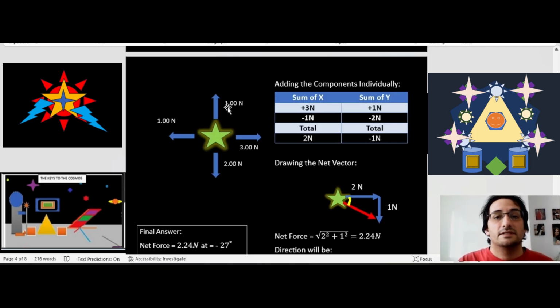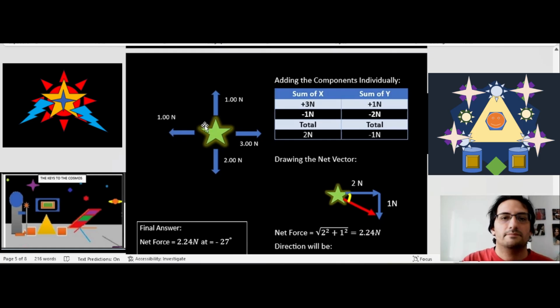The 1 newton pointing to the top is positive 1 in the y, and the 2 down is negative 2 in the y. So what I'm doing here is summing up the x's, summing up the y's, to get a total. So 3 minus 1, 2 to the right. 1 minus 2, 1 towards the downward direction.